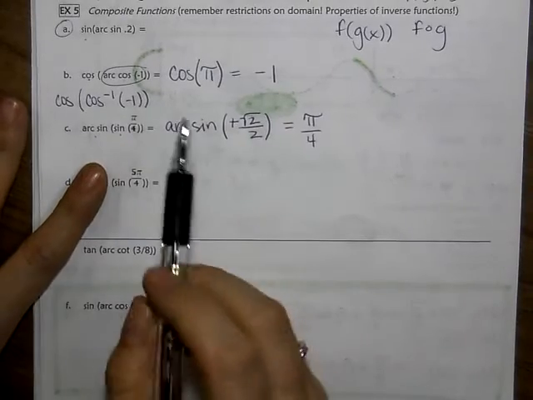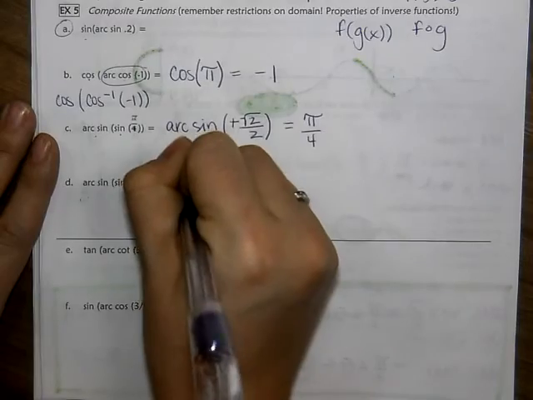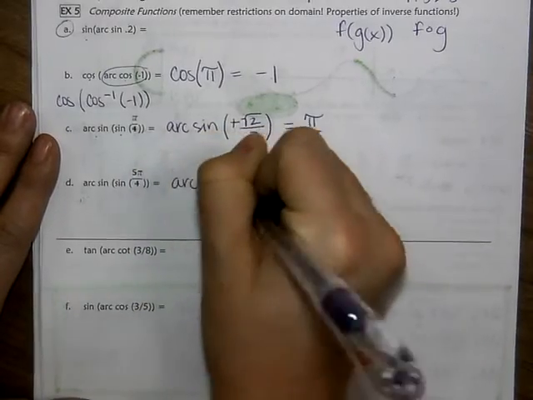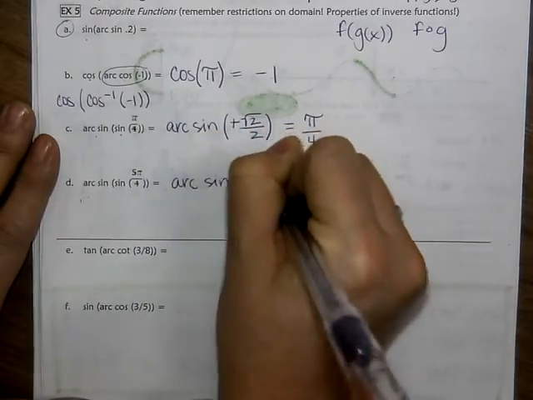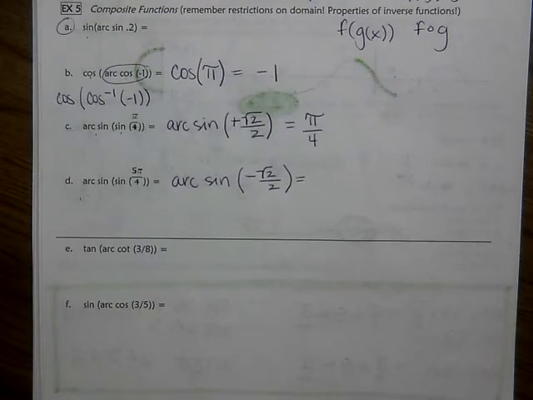So now let's do D. What's the sine of 5 pi over 4? Negative root 2 over 2. So arc sine of negative root 2 over 2. Okay? So now we're going to ask ourselves, I'm talking about sine, so I know I have to be within quadrants 1 and 4.